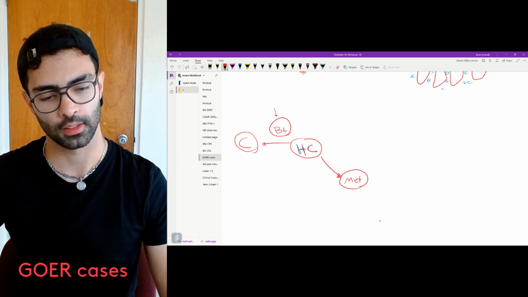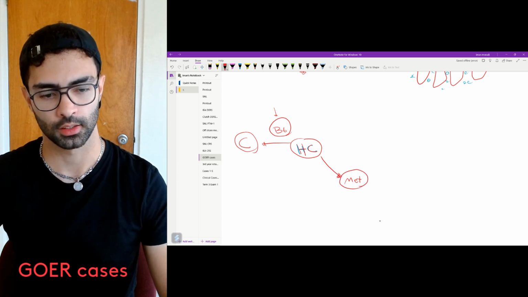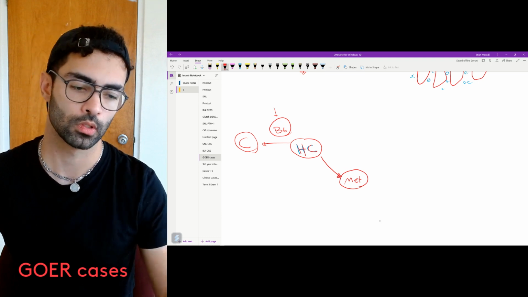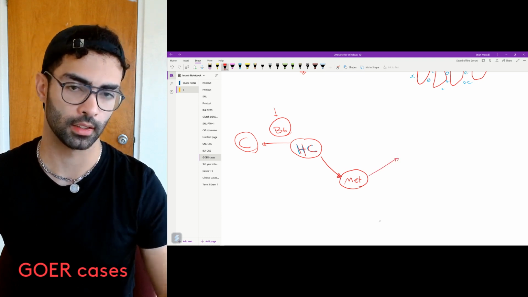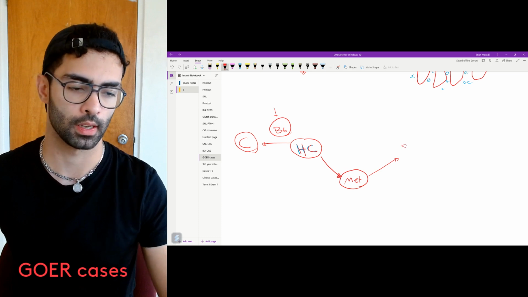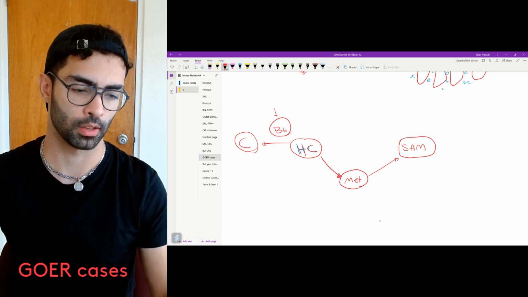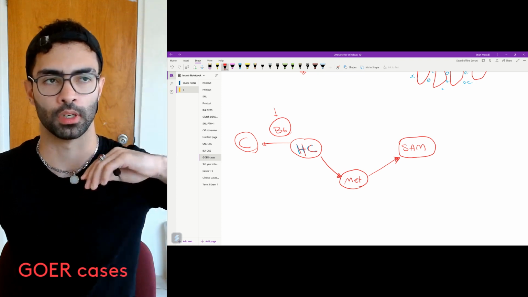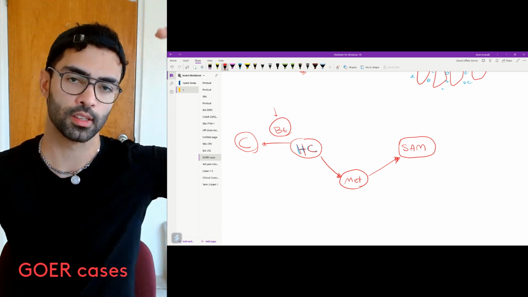And then methionine gets adenylated to SAM. This is major throwback for a lot of you, but SAM is used in norepinephrine, epinephrine, dopamine synthesis.